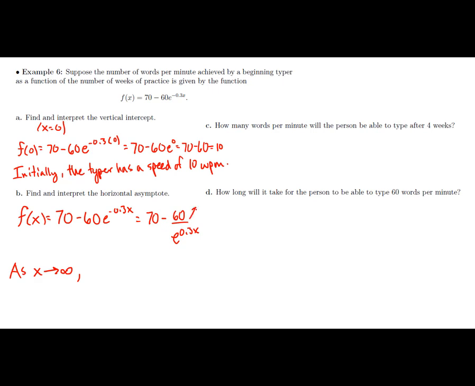So this approaches 0 when the x gets big. So as x gets really large, we know that f of x gets close to 70, right? Because that second term there with 60 over e to the 0.3x gets close to 0.